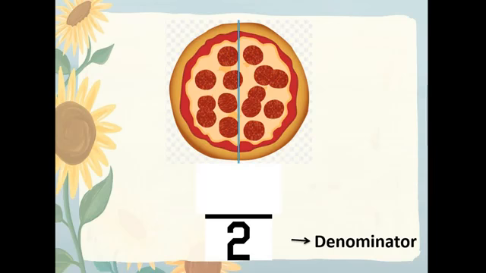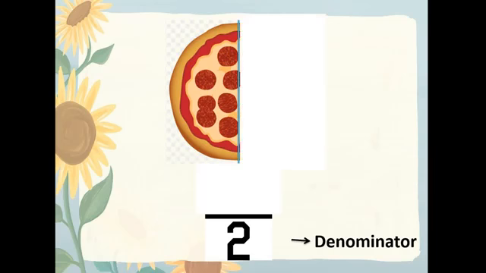For example, somebody ate 1 of the 2. And what is left is 1. And that 1 is what we call the numerator. So this picture of pizza now shows the fraction 1 over 2.